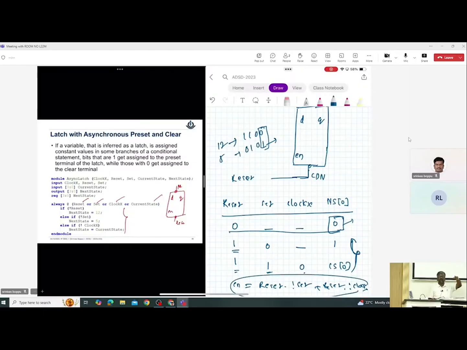That means in these 2 conditions you are opening the latch.